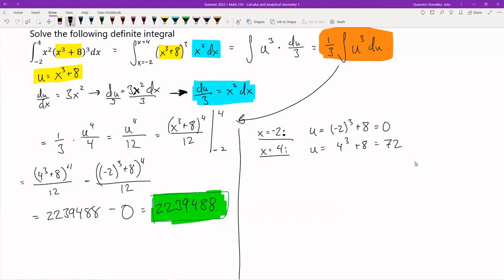Okay. So that means that what we did, right, is this. I'm going to rewrite it from the very beginning.